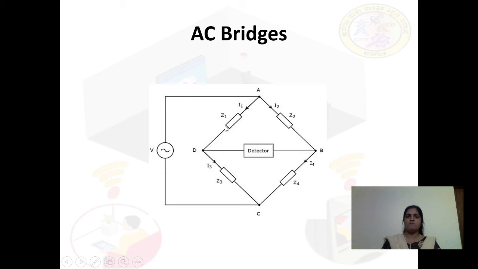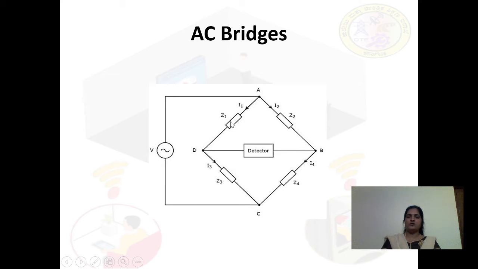So the first arm has the impedance Z1, and the current flowing through this arm is I1. Arm 1 and arm 2 are connected at junction A. Arm 3 and arm 4 are connected at junction C. These two opposite junctions, A and C, are provided with the source, and the remaining B and D with the detector.